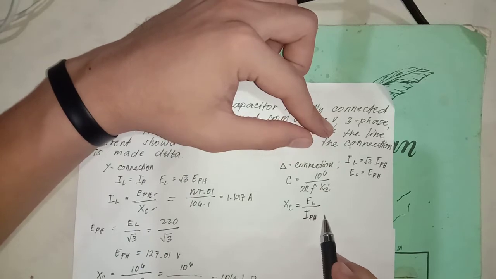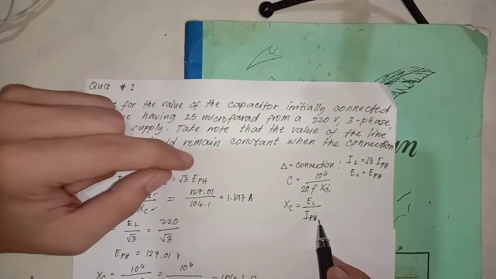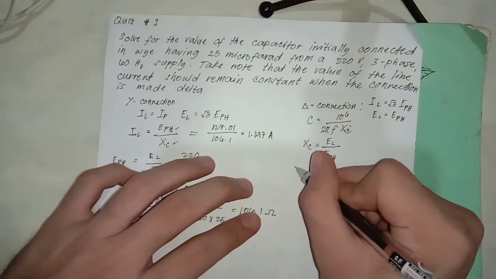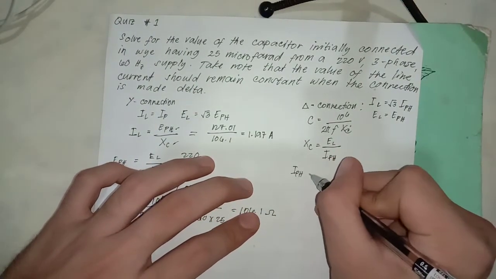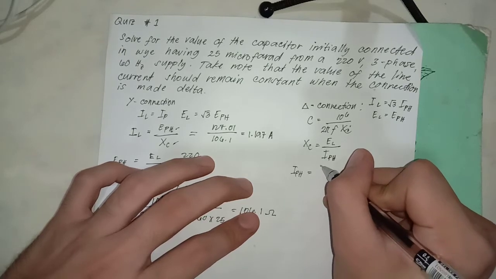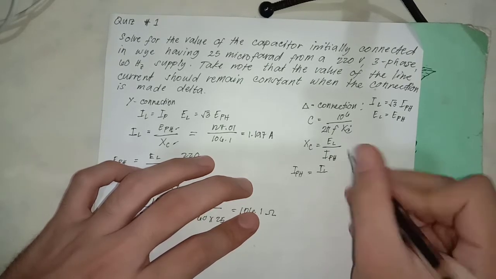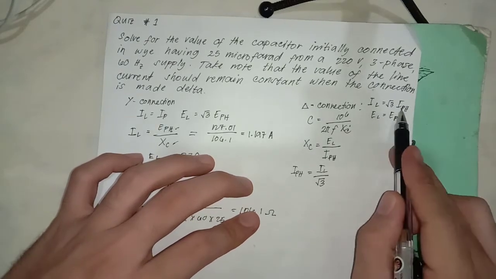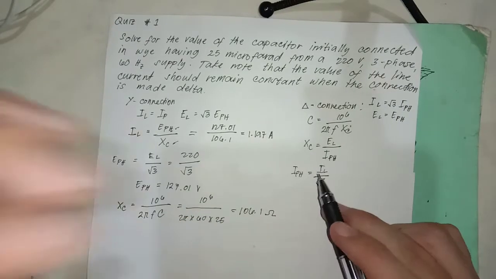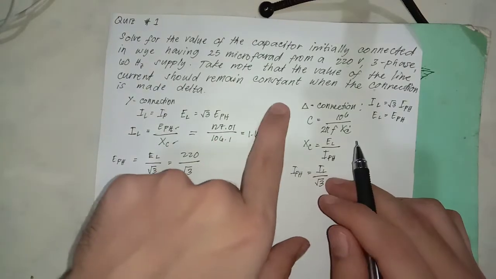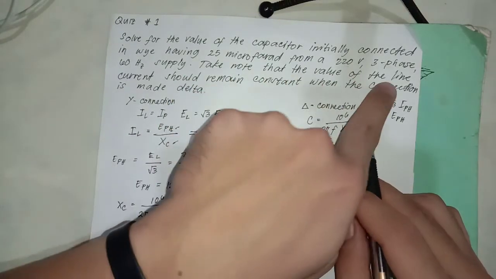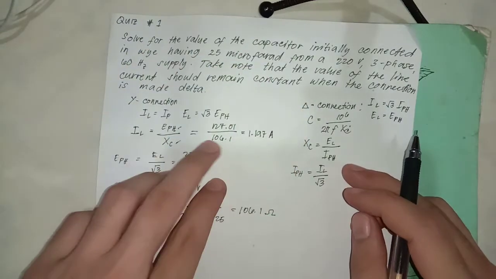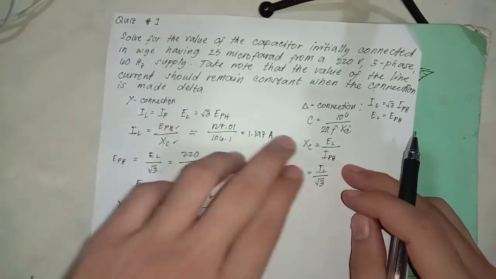Since we don't have the value of the phase current, to get the phase current, we have the formula of the line current divided by the square root of 3. From this formula, we can come up with this. Since the problem said the line current should remain constant when connection is made to delta, we have still the value of the line current, 1.197.